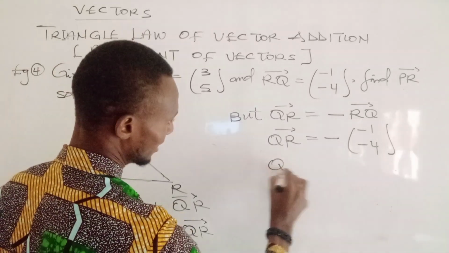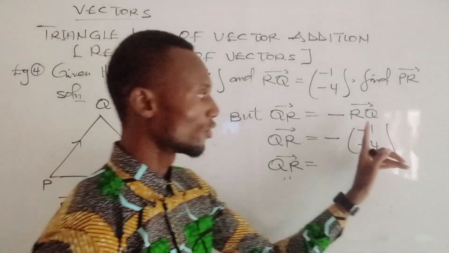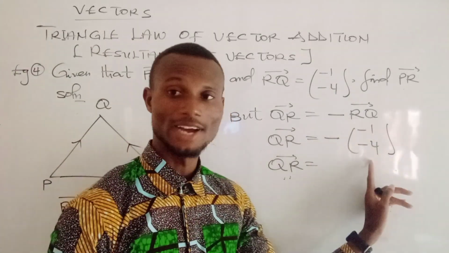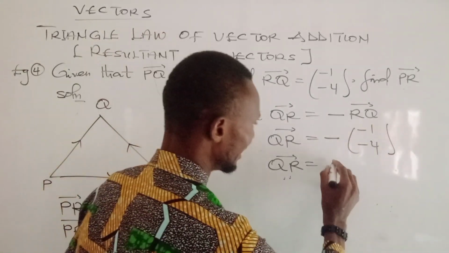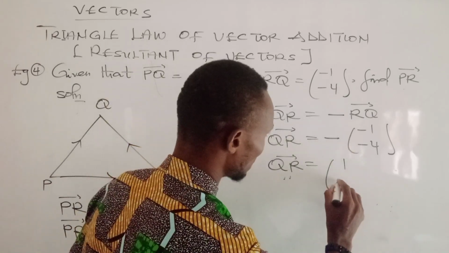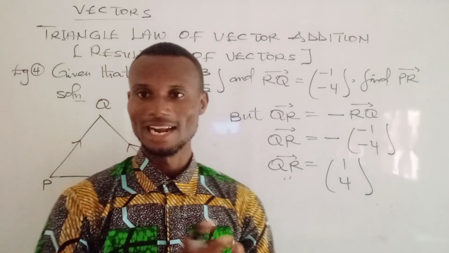The negative will affect the value at the top and also the value down here. So negative times -1 gives me +1, and negative times -4 gives me +4. I hope you understand up to this point.